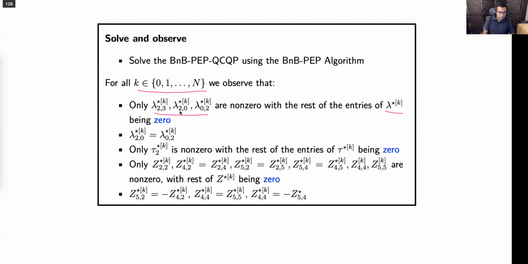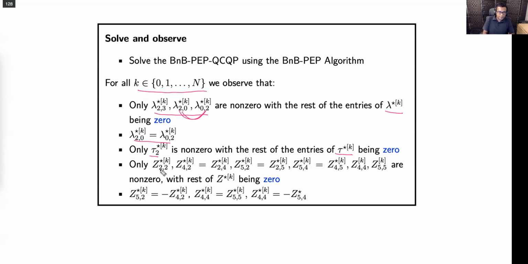Not only that, looking at the symmetry in the optimal solution, they are equal. There was another decision variable, tau_2 star, that is non-zero, where the rest of the entries of tau star k are 0.